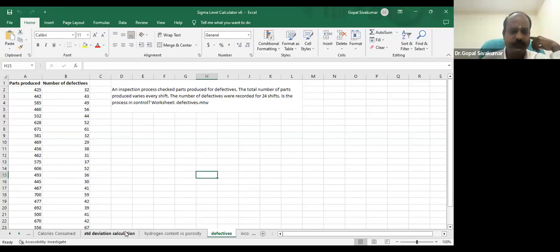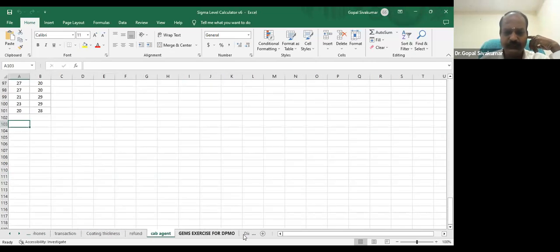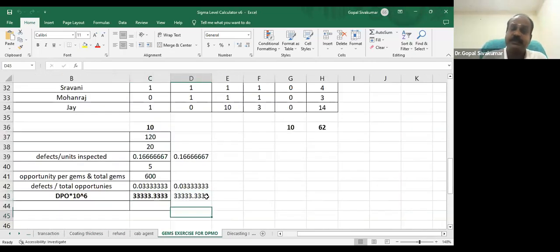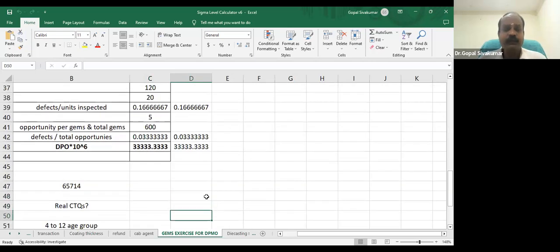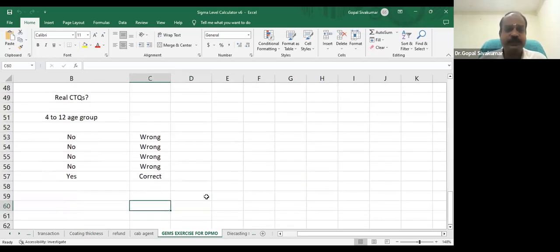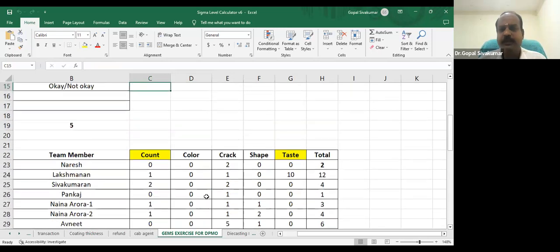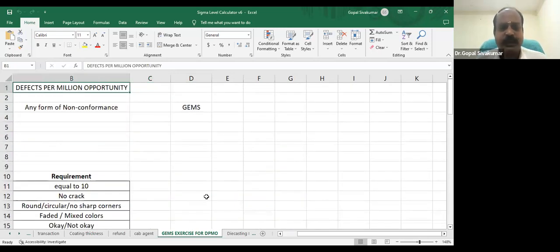And now I have a sheet which is meant for the GEMS experiment. You all can see GEMS exercise for DPMO. There are a lot of calculations here, but this is very simple. The moment you understand the basics properly, you can calculate DPMO, you can calculate the sigma level for your product, your business. Now this is GEMS. And what is our understanding?